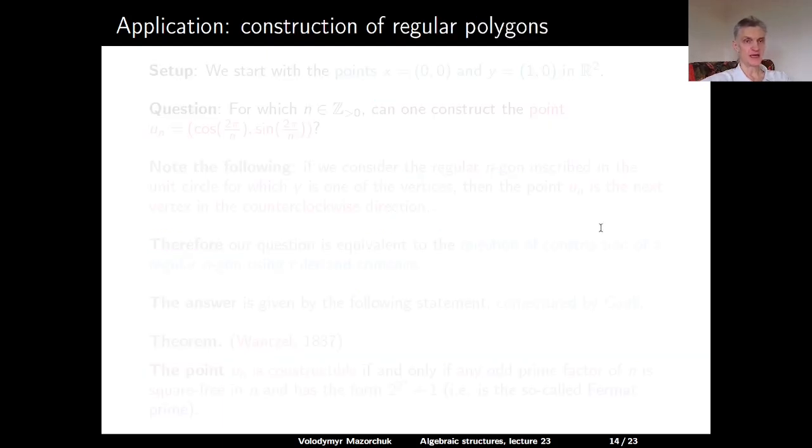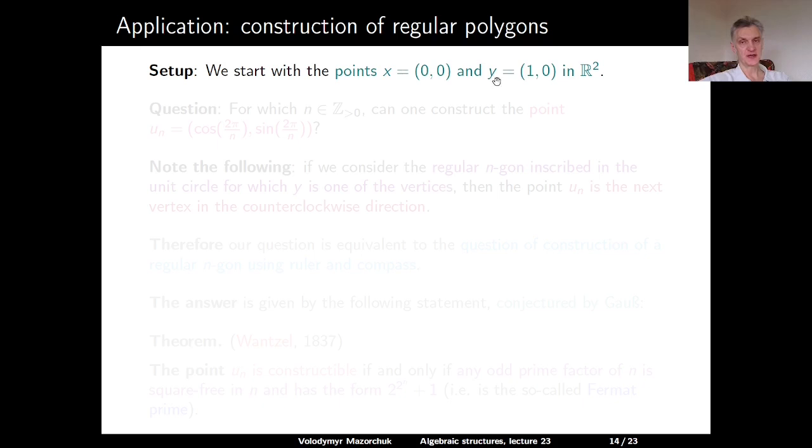In our final application, we discuss construction of regular polygons. So here is the setup. We start with 2 points, the origin and the point Y, with coordinates (1, 0) in R2. And the question is, for which positive integers n, one can construct the point U_n with the coordinates cos 2 pi over n and sine 2 pi over n.